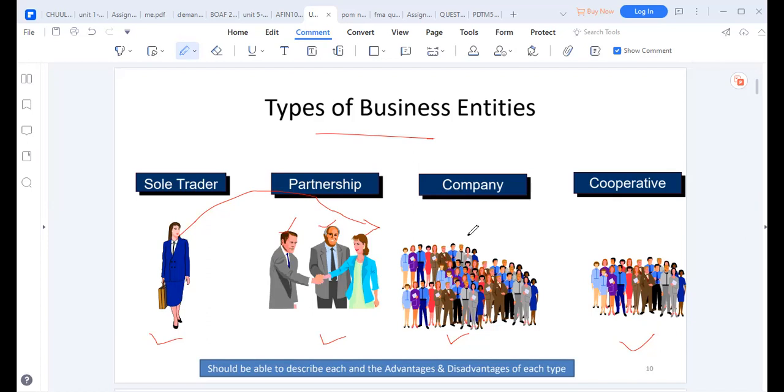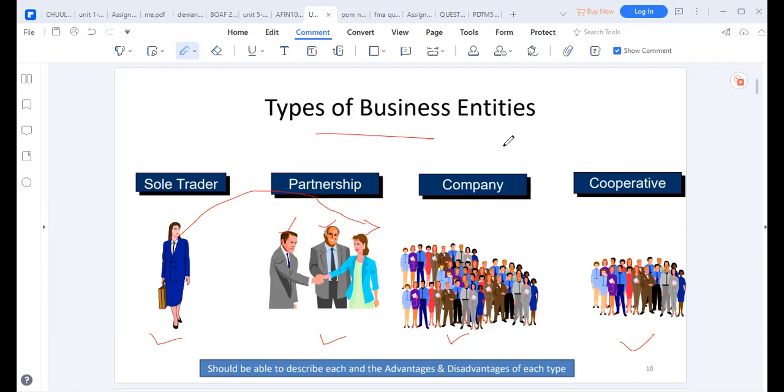There's a larger pool of resources because people who buy shares may have different financial muscles. A company also has an advantage because banks will be more confident and open to giving loans to companies rather than to a sole trader or a partnership. A disadvantage is that it may attract competitors to buy shares because it is not protected, except when we're dealing with the two types of companies, the private and the public limited.